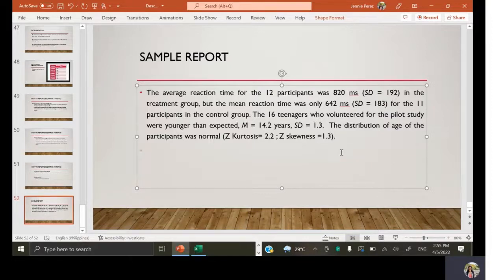Okay, so that is how you report your descriptive statistics.